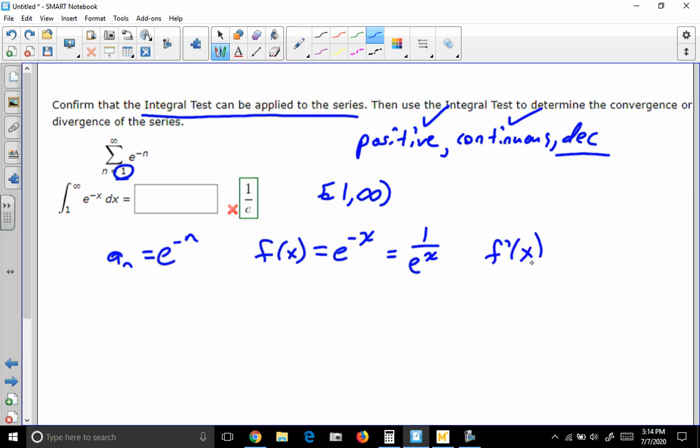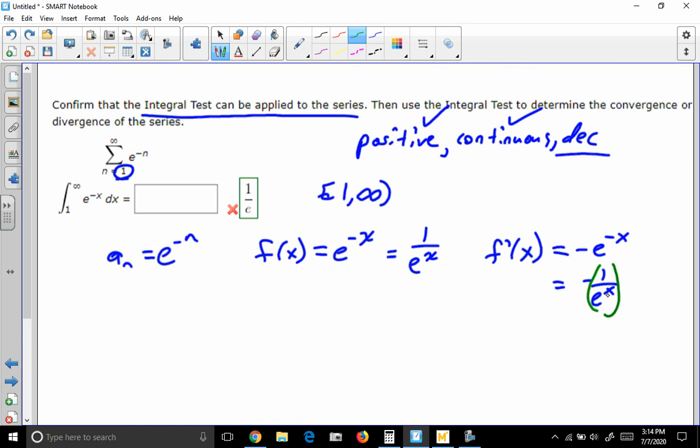The derivative of our function is minus e to the negative x, or we could call that negative 1 over e to the x. This part in parentheses, we've already demonstrated that that's always positive. A negative times a positive is negative.